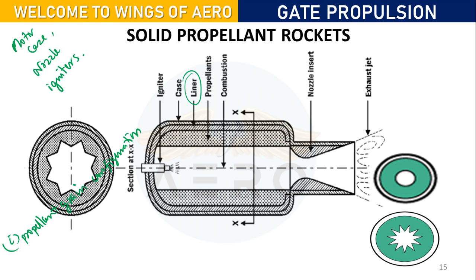Now what is meant by propellant grain configuration? You can see this cross section. What kind of shape will it be? Whether it will be star-like, or like this, or like this. So first, the motor casing depends on what kind of propellant grain configuration it will be.